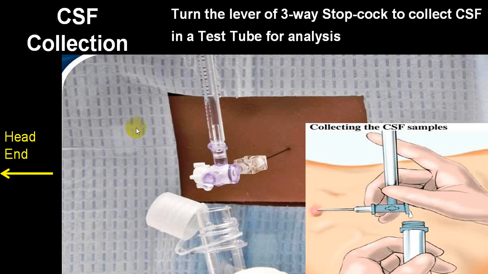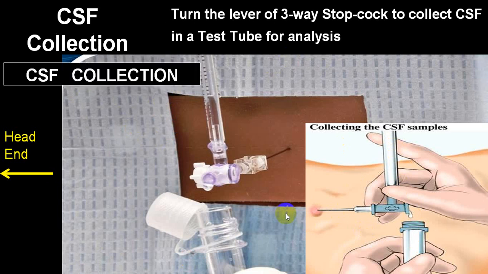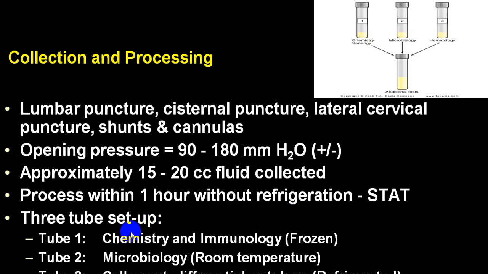After finishing that, you can collect the CSF in a test tube. Usually you collect the CSF in 4 test tubes: one for chemistry and immunology, one for microbiology, that is for detecting bacteria, virus, etc., and one for cell count and differential count.